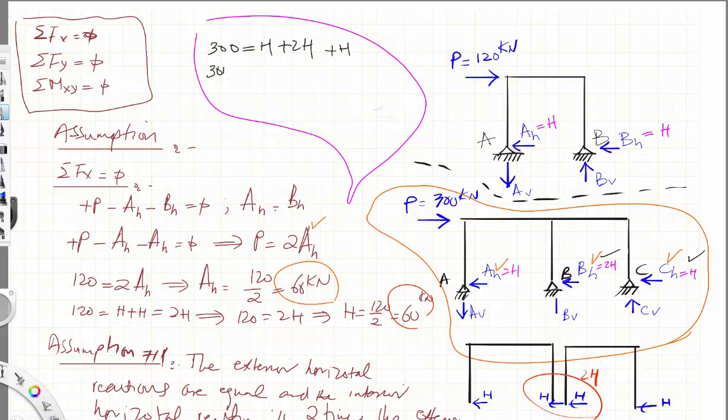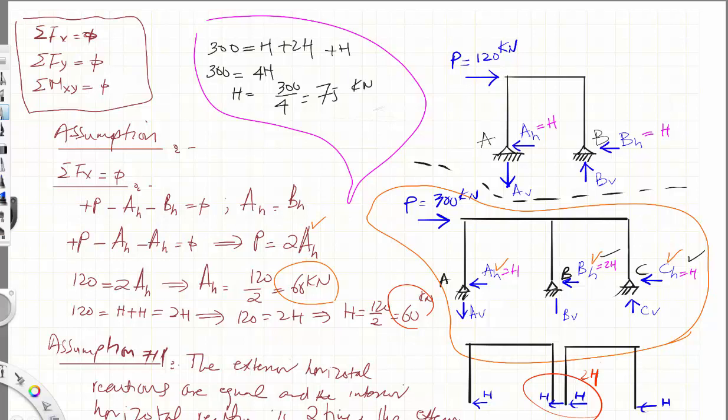So 300 is equal to 4H, and H is equal to 300 divided by 4, which is equal to 75 kilonewtons. So this way we calculated all horizontal reactions.